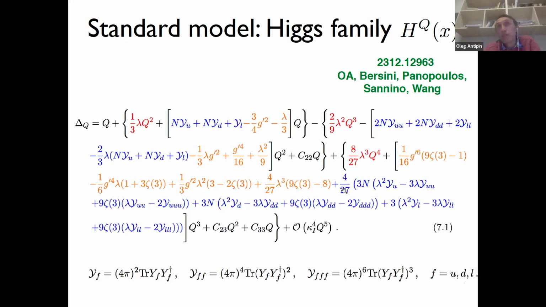Okay, so this is the full result, full glory of the computation for the full standard model. The red terms you remember from my global case. There are Yukawa matrices here. You have hidden traces. There is a U(1) coupling. This is hypercharge coupling. That's why we call them large hypercharge operators.